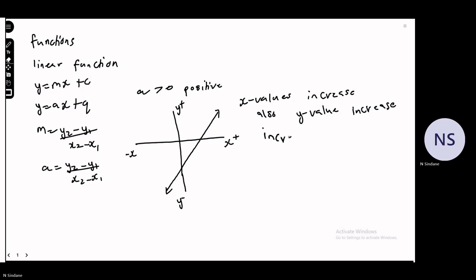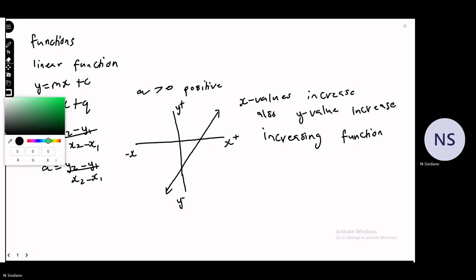This graph is called an increasing function. When the x values are increasing, the y values are also increasing, and that function is called an increasing function.